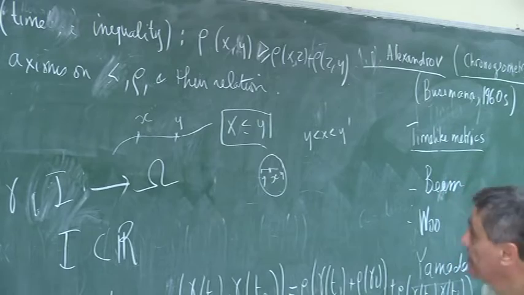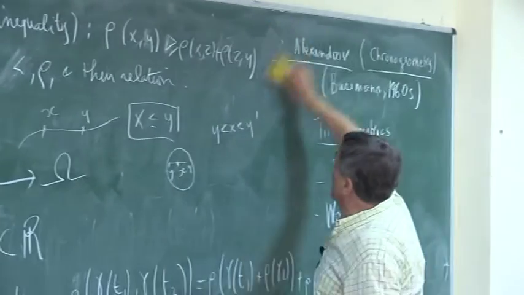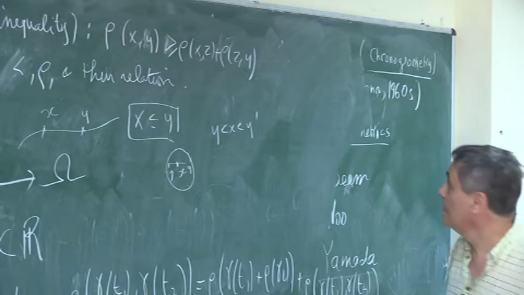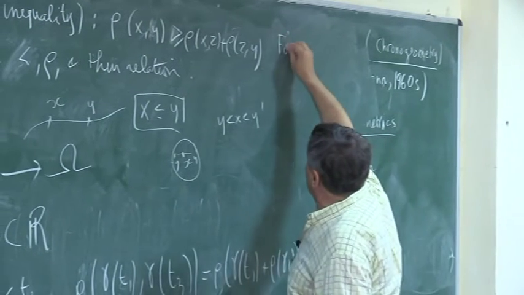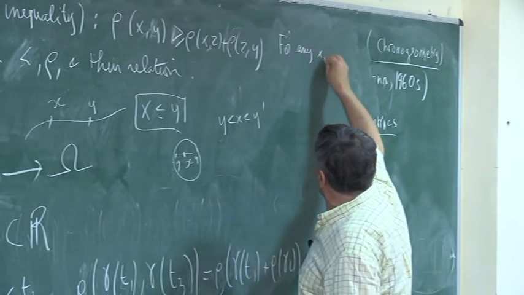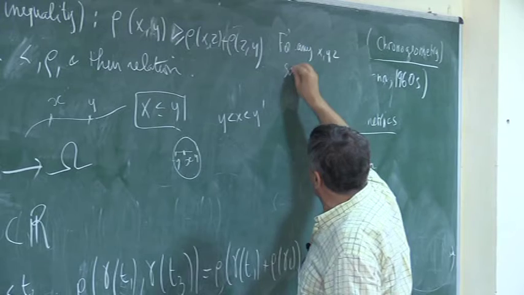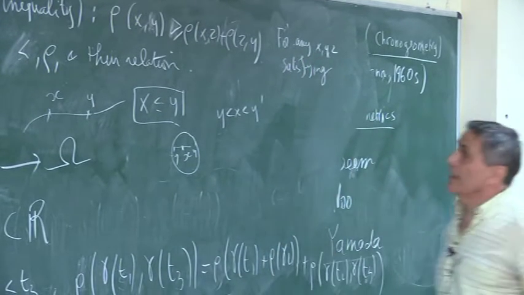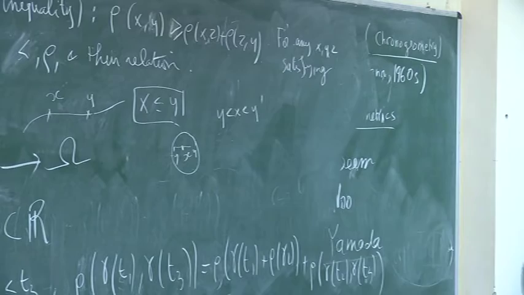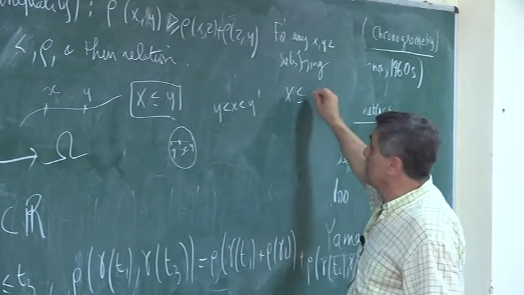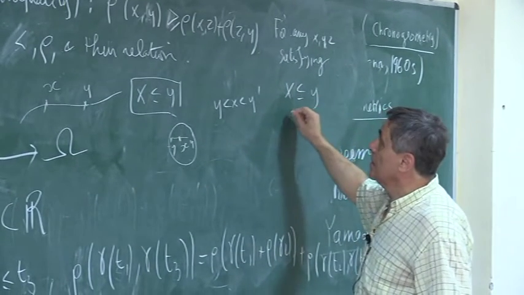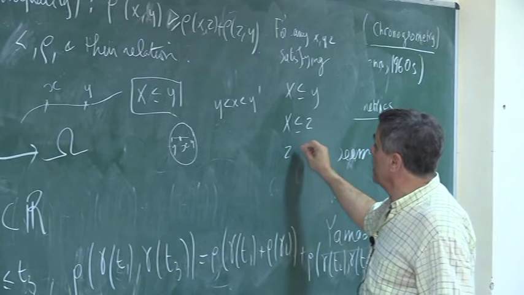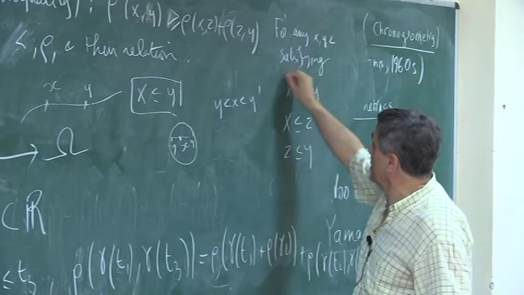And now here, this is for any x, y, z satisfying x less than y, x less than z, and z less than y.